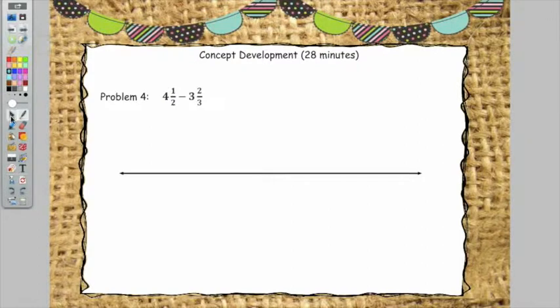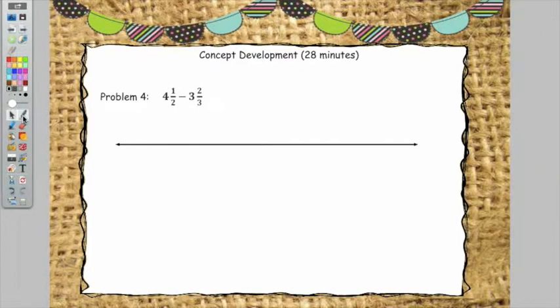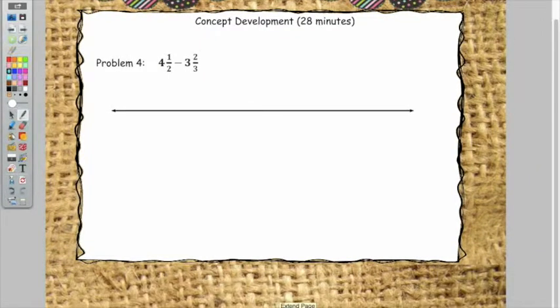Okay, same thing. Looks like we've got two whole numbers. So you're going to rewrite the problem and put equal signs underneath. We're going to have 2 stars again.